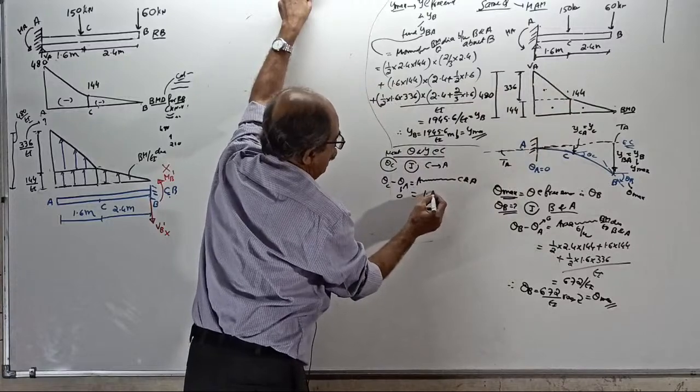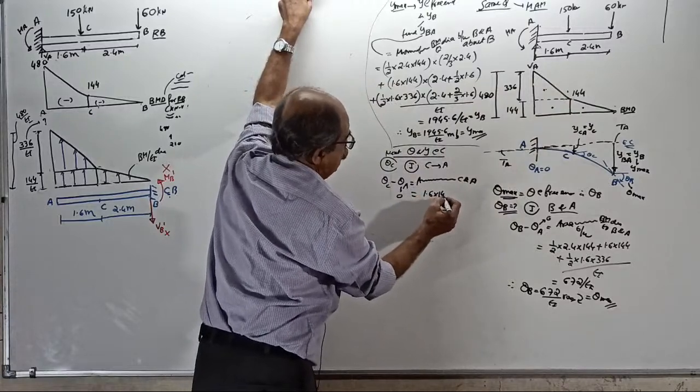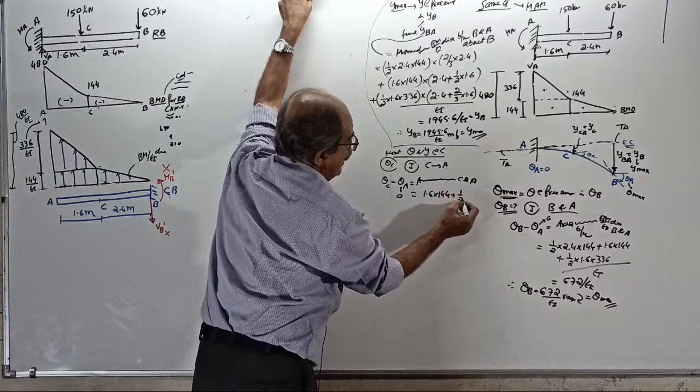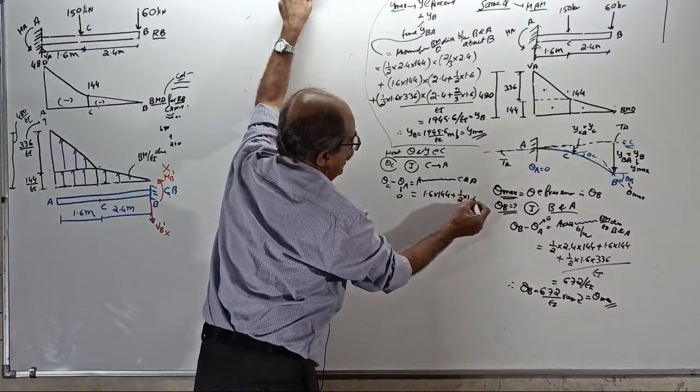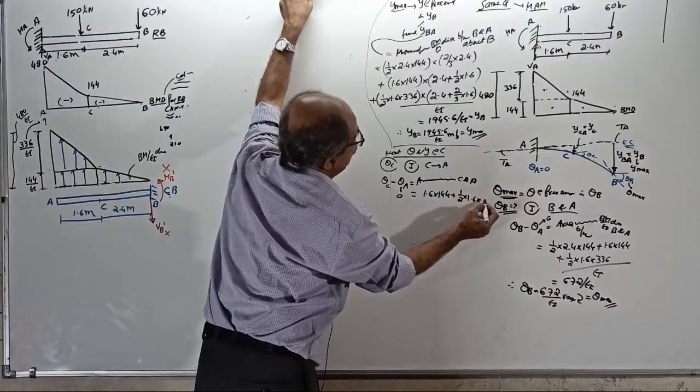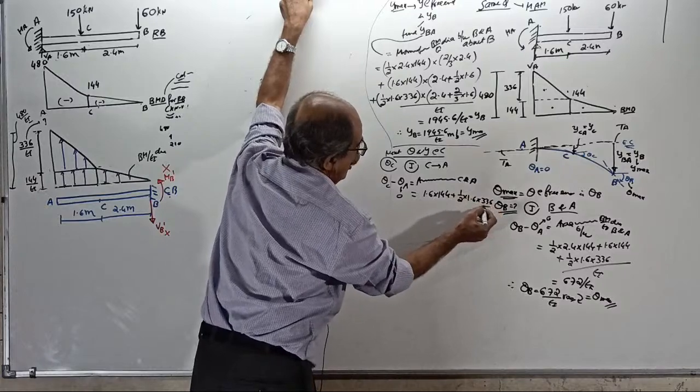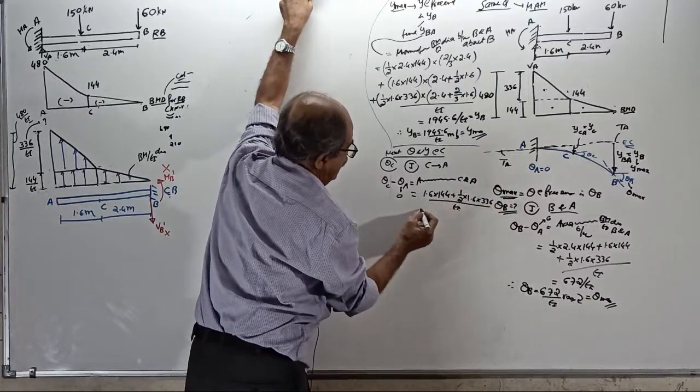One is 1.6 into 144. Other one is half into 1.6 into 336. Common divided by EI. Tell the answer.